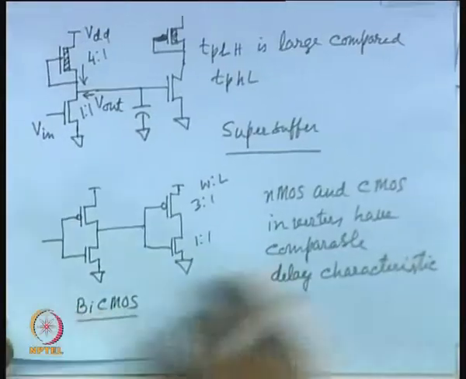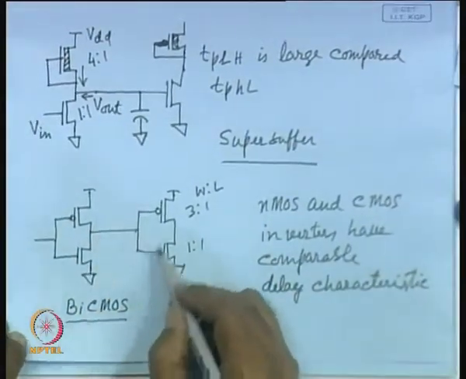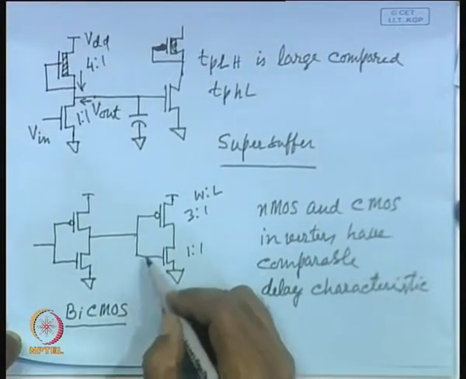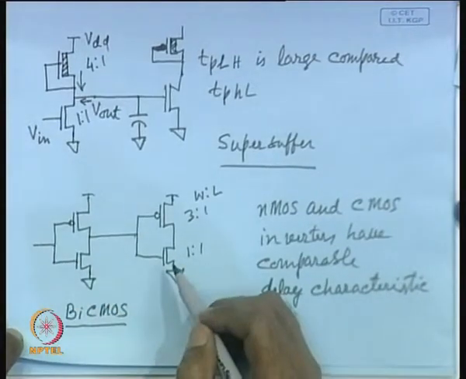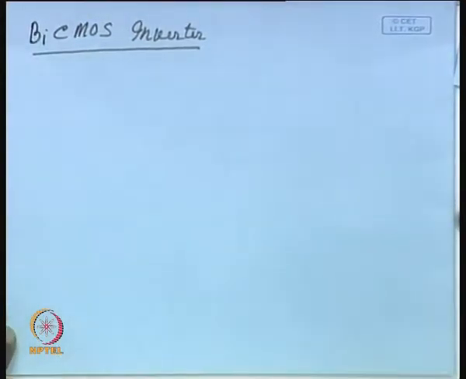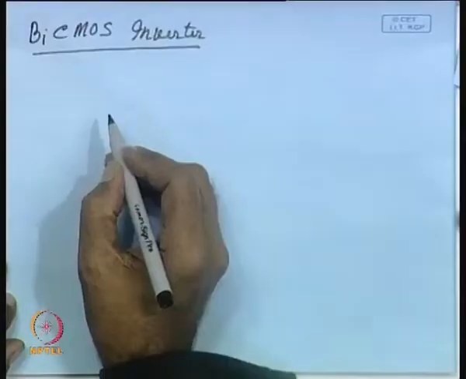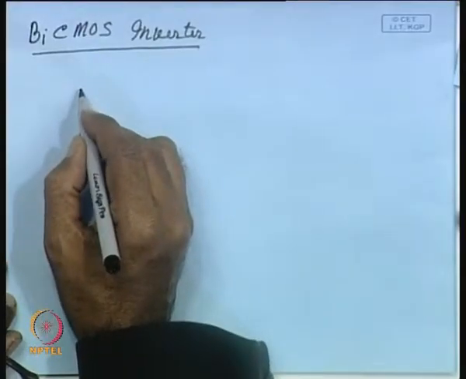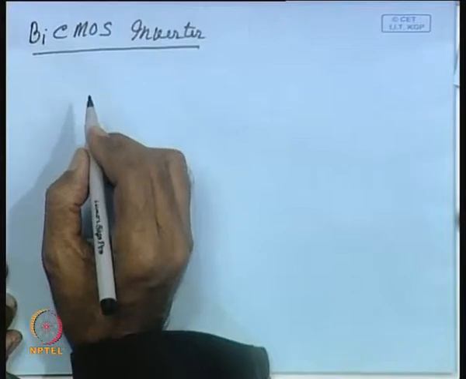I have already mentioned that, because of large capacitances. So, this can be modified to realize a BiCMOS inverter by adding bipolar devices along with CMOS devices. How can it be done? So, let me draw a BiCMOS inverter.